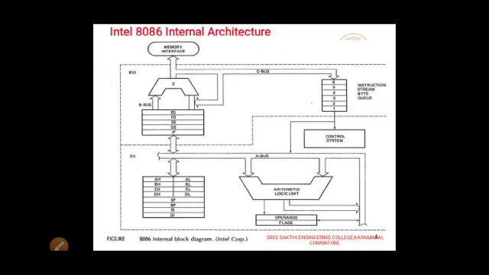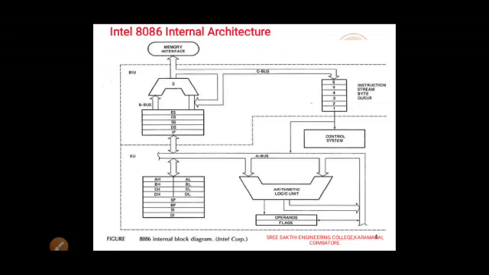CH and CL are the count registers, used as the 16-bit register CX. DH and DL are the data registers, which we can use as the 16-bit register DX. Then the stack pointer and base pointer. The last one is the source index and destination index.